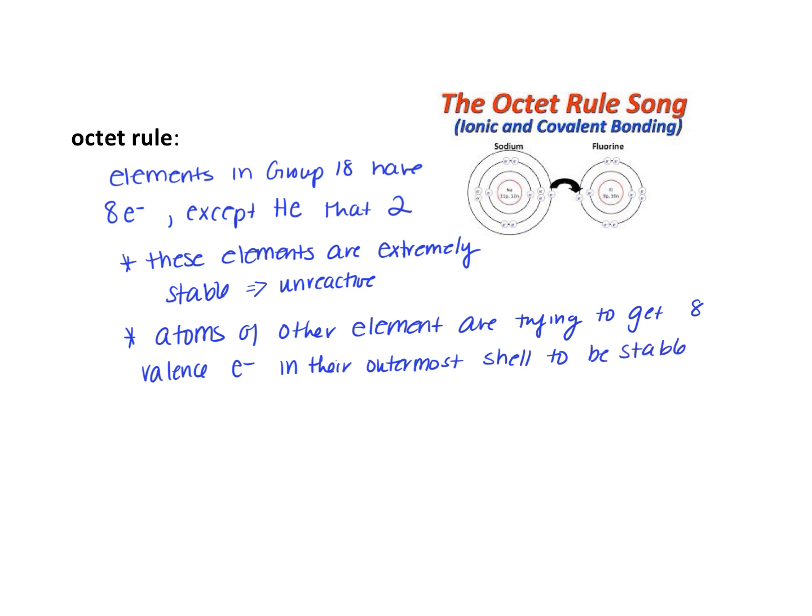Okay, and this is the basis for the octet rule, which just states that elements usually react to get 8 valence electrons.